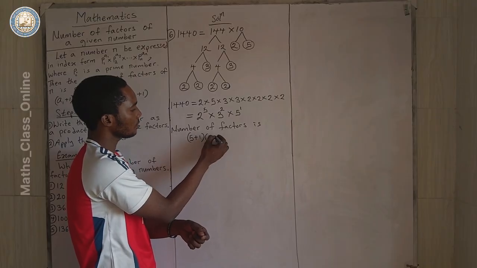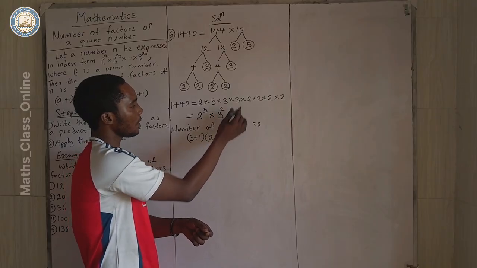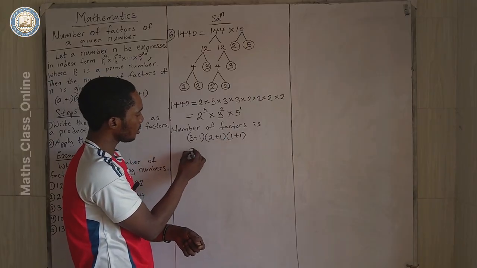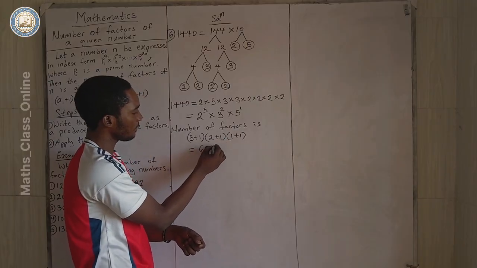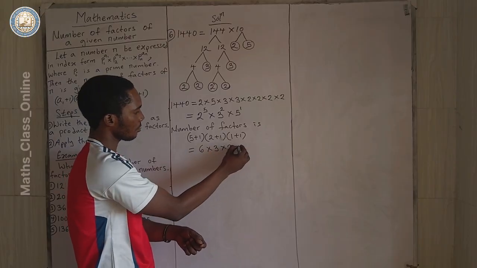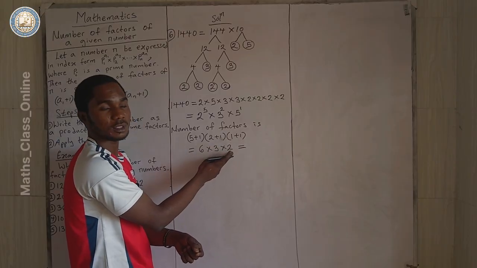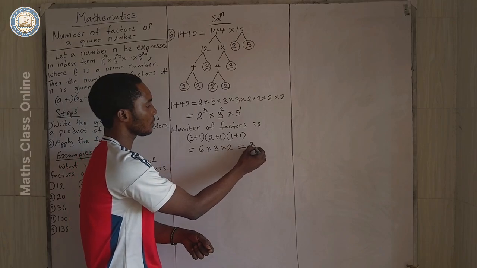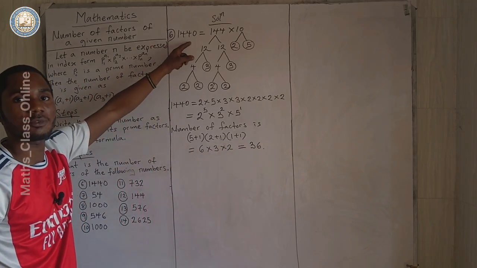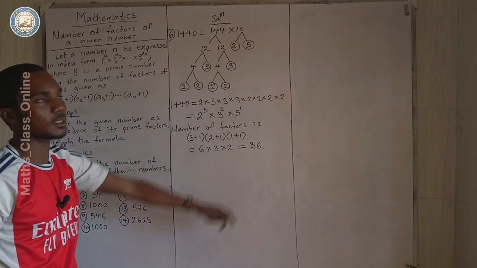Add 1 to it. And the power here is what? 1. Add 1 to it. This is equals to 6 multiplied by 3 multiplied by 2. 3 times 2, 6 times 6, 36. That means the number of factors of 1440 is 36.